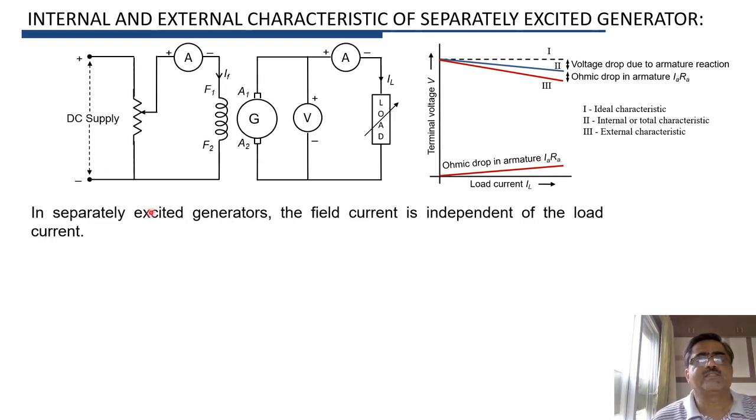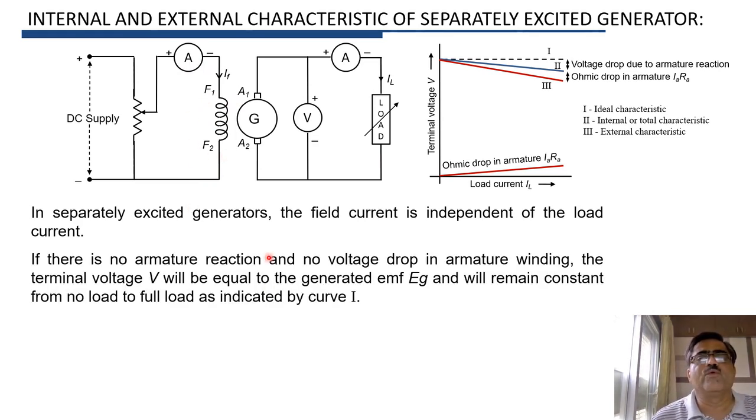Here, as the generator is separately excited, the field winding is excited by a separate independent source of power, and therefore this field current is not dependent on the load current. So even if there is change in load, the field current will remain constant, and therefore the flux is also constant.